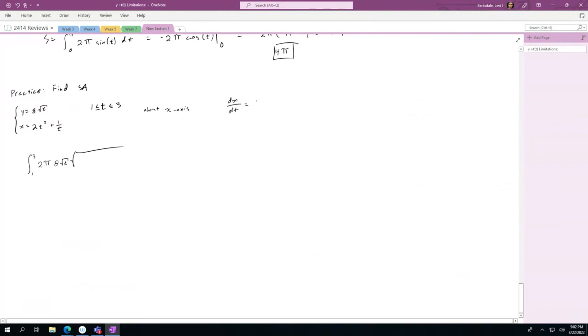dx/dt in this case is equal to 4t minus 1 over t squared, plus dy/dt squared. And dy/dt, that's 8t to the 1/2, so we have 1/2 times 8 is 4 over t squared. From here, we can just do some super fun algebra.